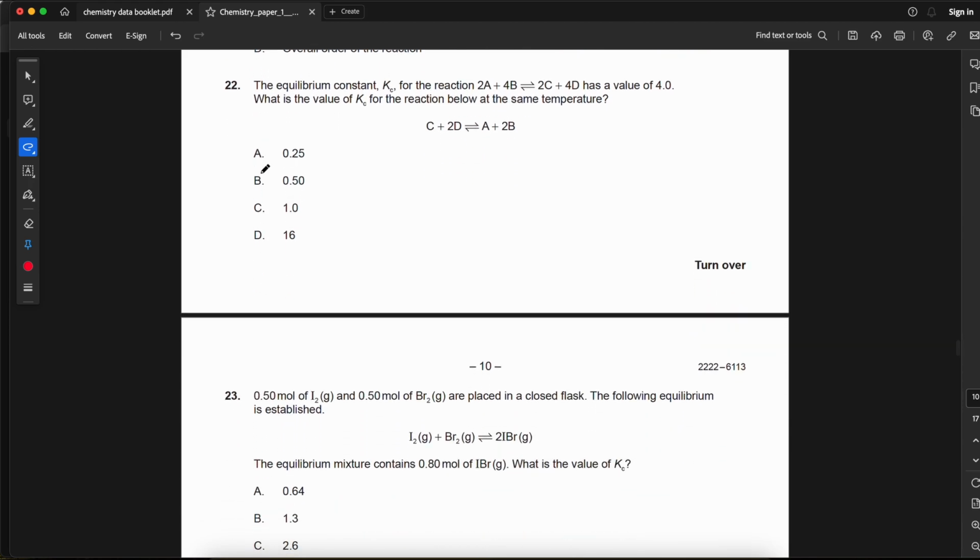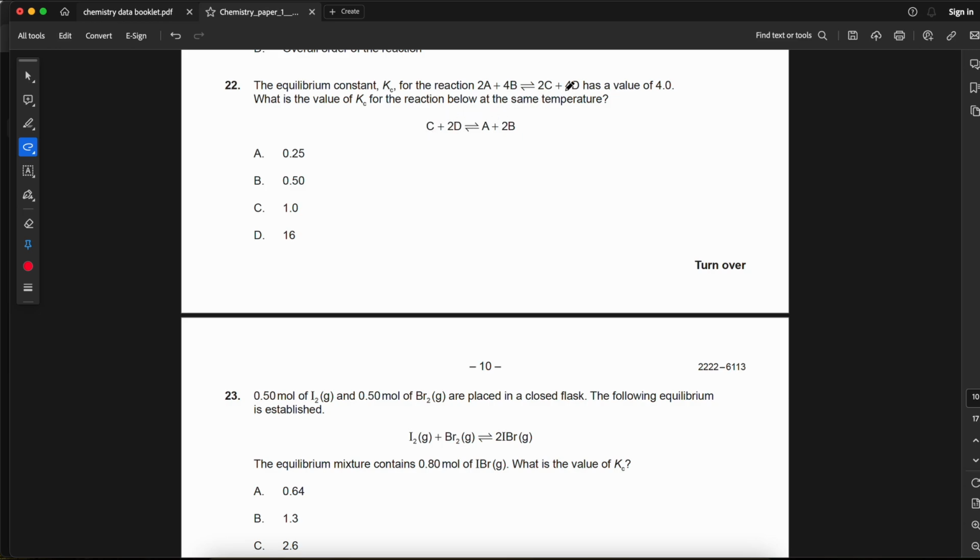The equilibrium constant Kc for the reaction 2A plus 4B produce 2C plus 4D is 4. What is the value of Kc for the reaction below? C plus 2D produce A plus 2B. As we can see, it's reversed and also half the equation.